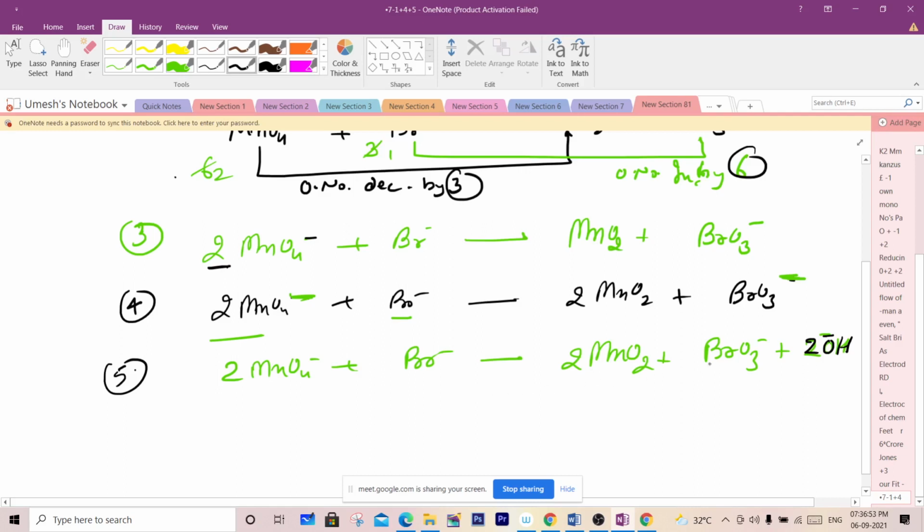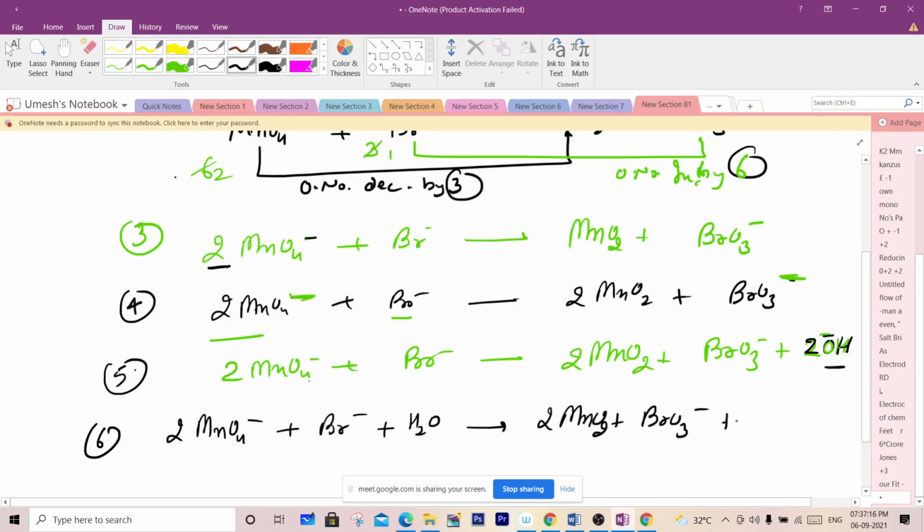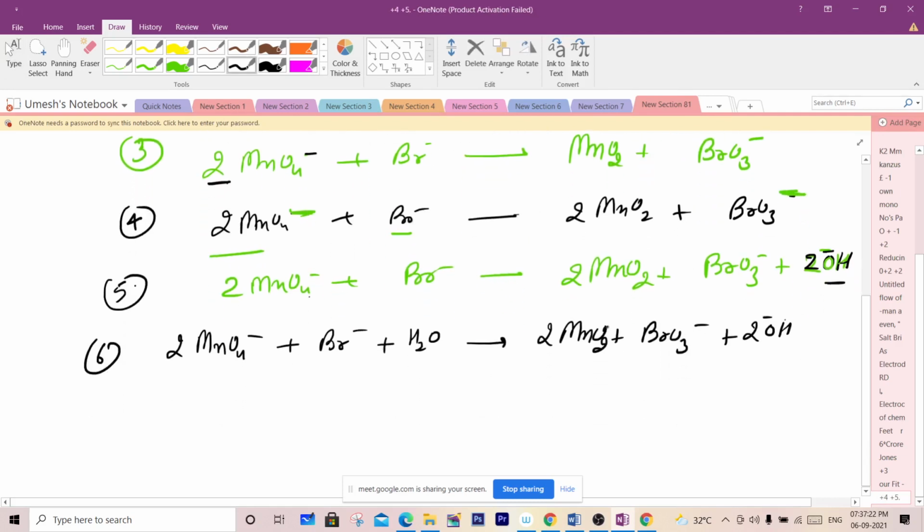Then next what? Next is hydrogen. Two hydrogen here. Here I don't have any hydrogen. Just add one water molecule. Hydrogens are balanced. Check. Two manganese both the side. Eight oxygen both the side. 8 plus 1, 9 oxygen. 4 plus 3 plus 2, 9. Hydrogen 2. This is a balanced equation.